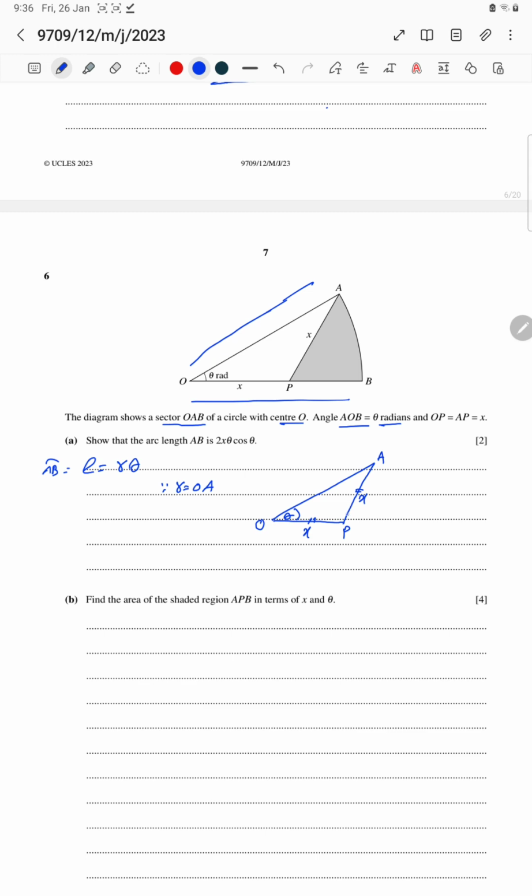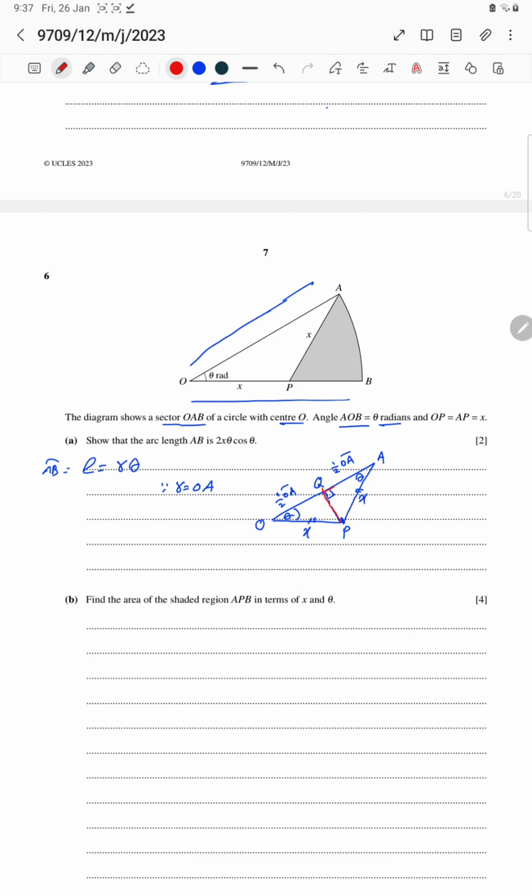As it is an isosceles triangle, it has both base angles the same, theta, and if we draw the perpendicular projection on the other side, it bisects the side. Suppose it is PQ, the total length is OA, so this will be half of OA and this will be half of OA.